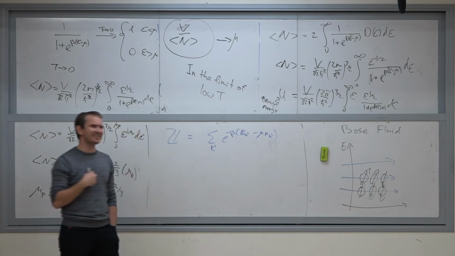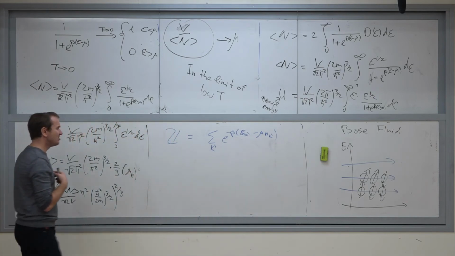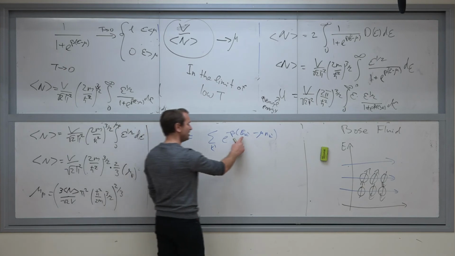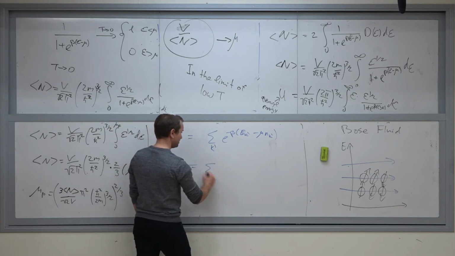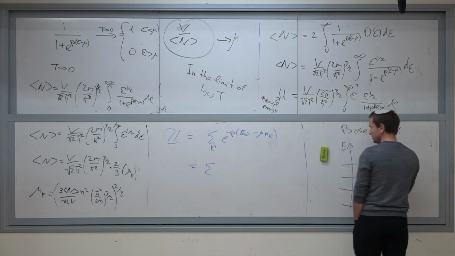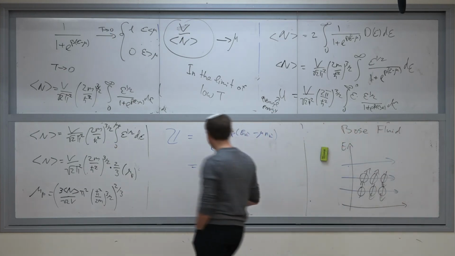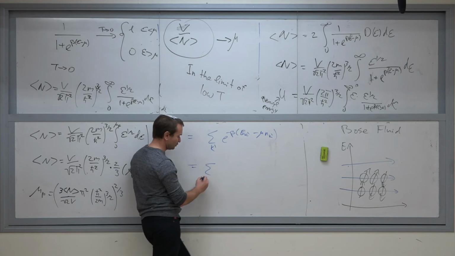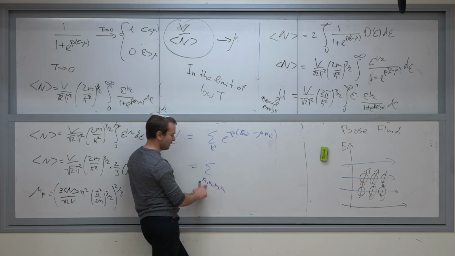Now, what is the energy? The energy is just the number of particles at all the different states. So I'm going over K1, K2, K3, K4. What are K1, K2, K3, K4?